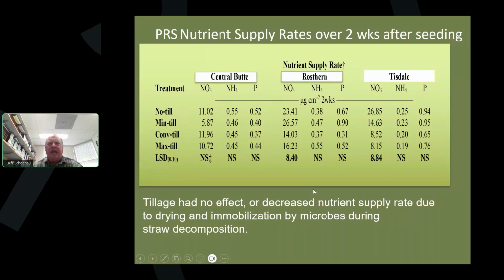Not much difference at the Central Butte site, but not surprisingly at the Rostern and the Tisdale sites, where we had incorporated a lot of straw in the soil through those tillage operations, there were lower nitrate supply rates in those tillage operations compared to the no-till control, as we can see there. And it could also be due to the drying of the soil from the tillage operation as well, which will also reduce microbial activity and movement of nitrate in the soil.